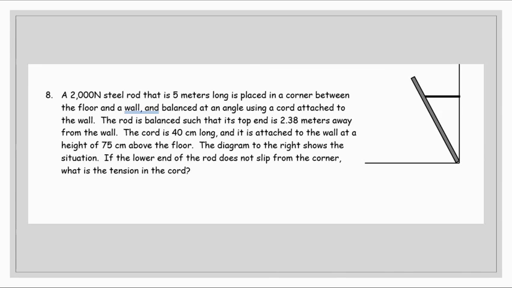So we have 2.38 meters away. And the cord is 40 centimeters long, so 0.4 meters, and is attached to the wall at a height of 75 centimeters above the floor.